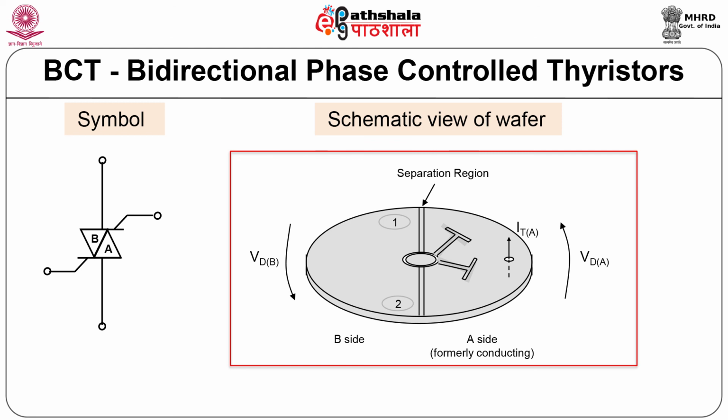BCT has two gates, one for turning on the forward current and one for the reverse current. The thyristor is turned on by a current pulse to its gates.